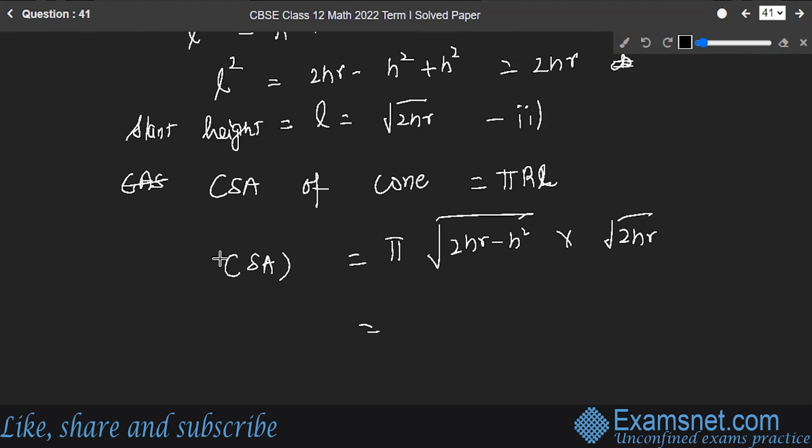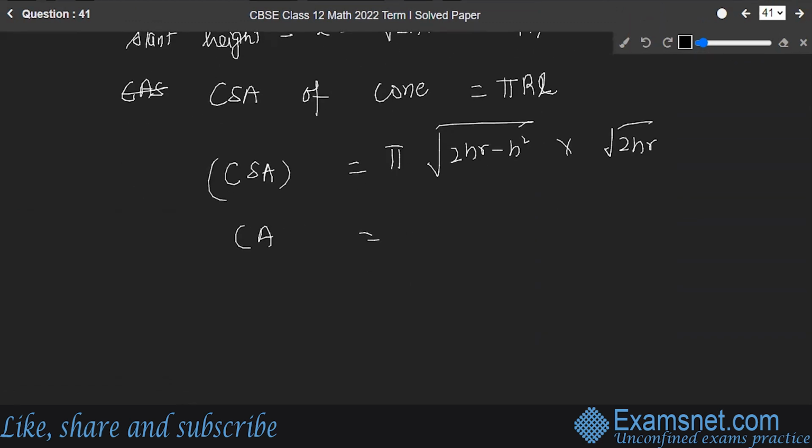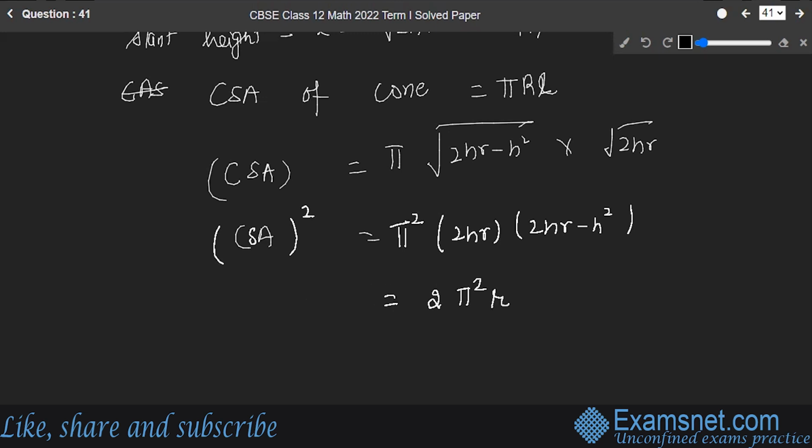The curved surface area of the cone square is equal to pi square into 2hr into (2hr minus h square). Correct? Or this is equal to 2 pi square r into (2rh square minus h cube).